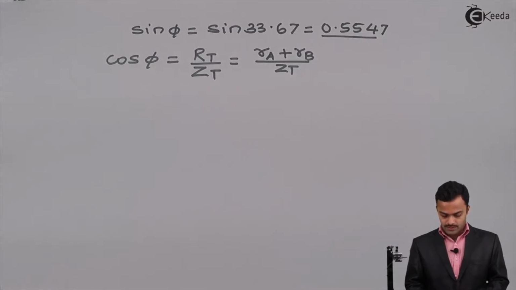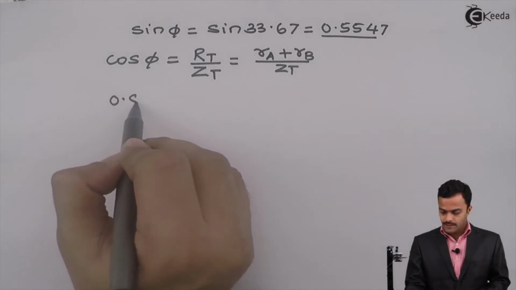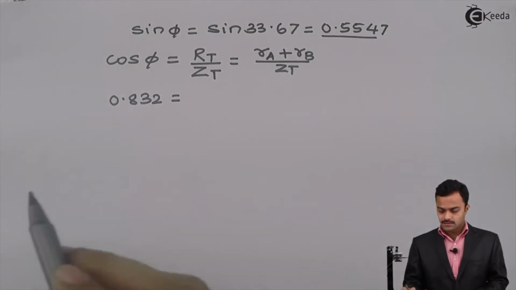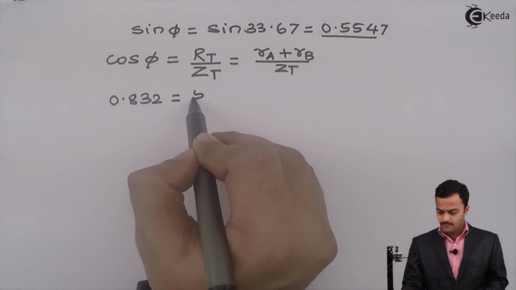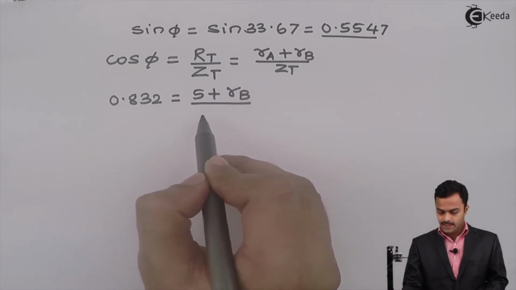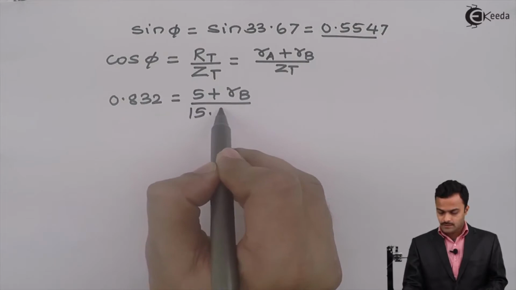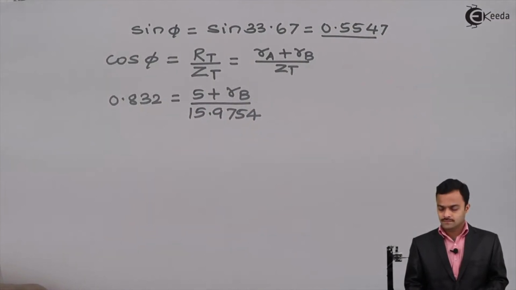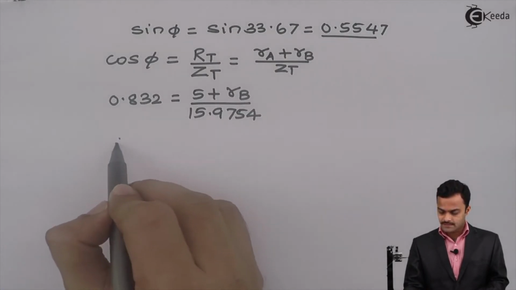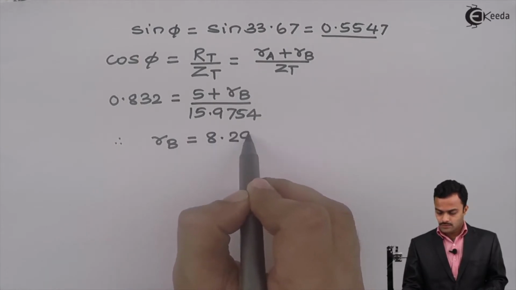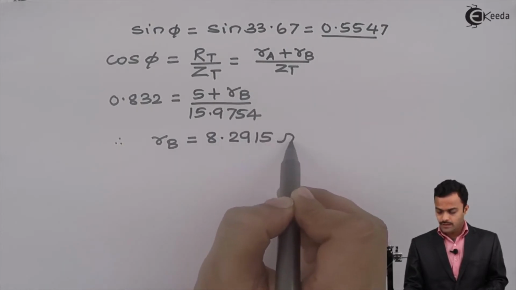Cos phi we calculated as 0.832, RA is given 5, RB is the unknown, and ZT we calculated as 15.9754. So after solving this, what I will get RB as 8.2915 ohm.